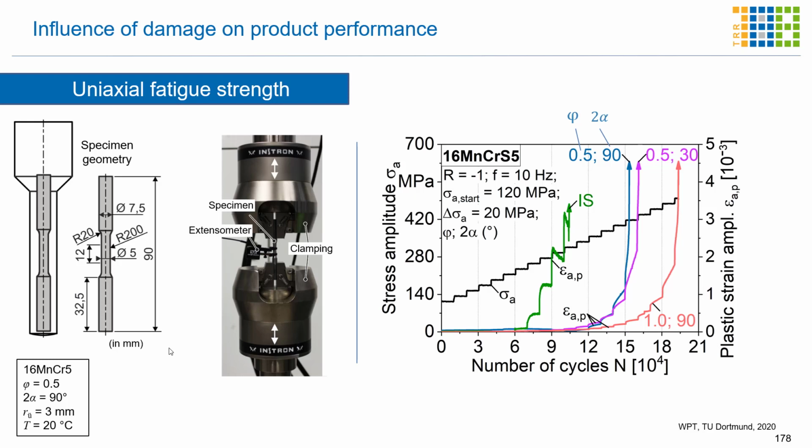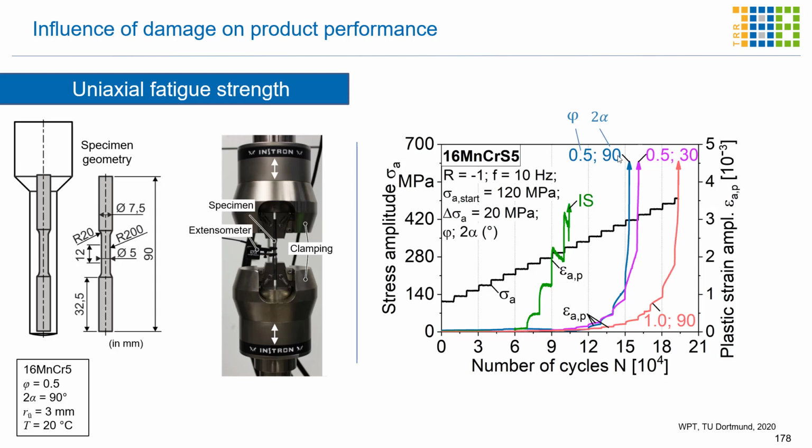Last but not least, also the fatigue life or fatigue strength has been investigated for the extruded part. Here high cycle fatigue is considered with stress amplitudes which are increased by the number of cycles. And most important to have a look at is the blue line as well as the pink line, where we have the same strain hardening but different shoulder opening angles.